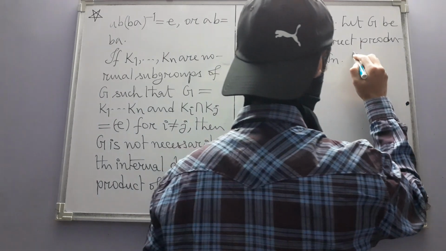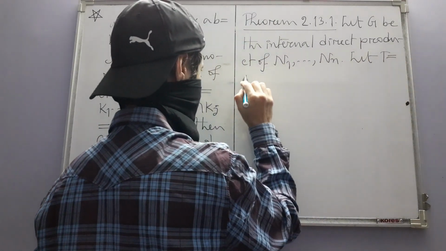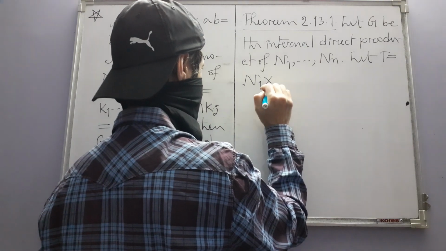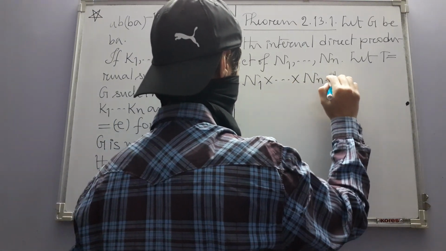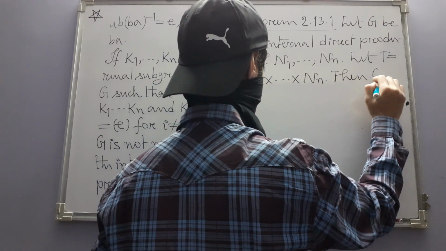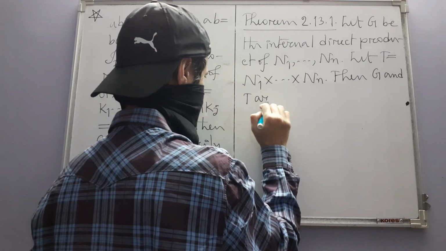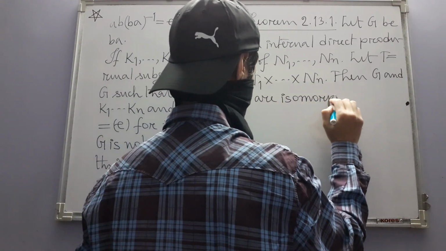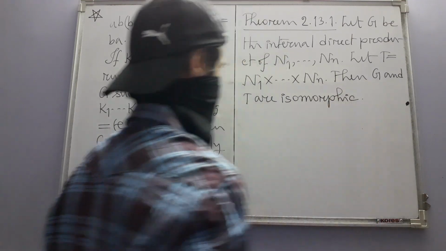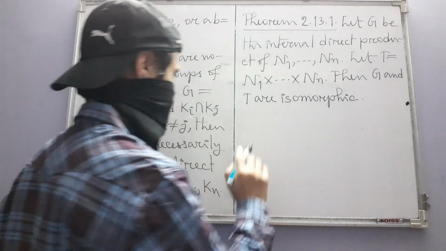Let T be their external direct product. Then G and T are isomorphic as groups. So let's now see the proof.